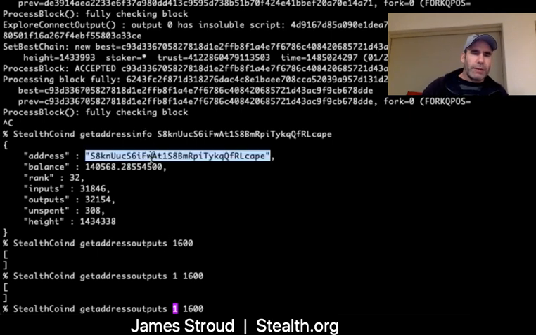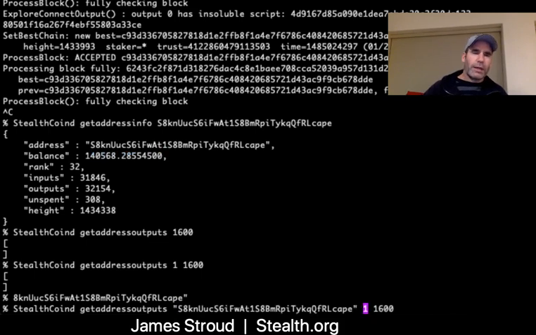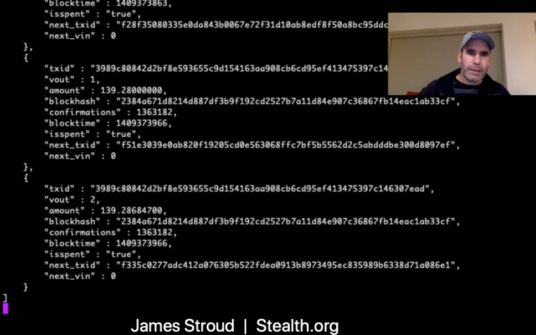No wonder. This is the magic of not testing before you do this. Okay, I didn't give it an address. So the first one, the address, it thought it was 1,600. It should have said that address was not valid, so I'll have to figure out why I didn't do that. Same with the second time I ran with just, this is the proper command.